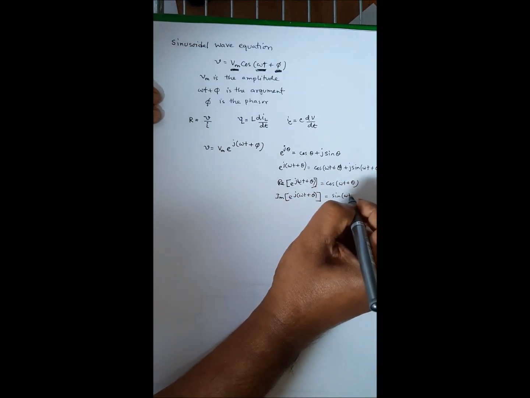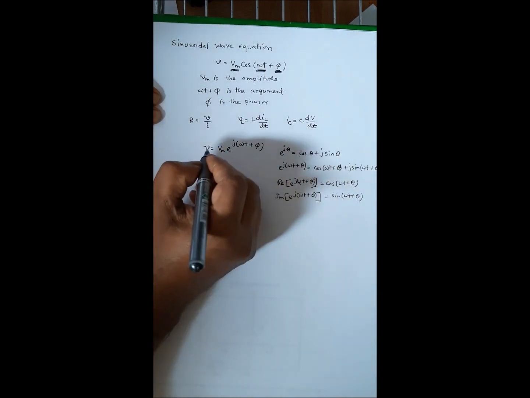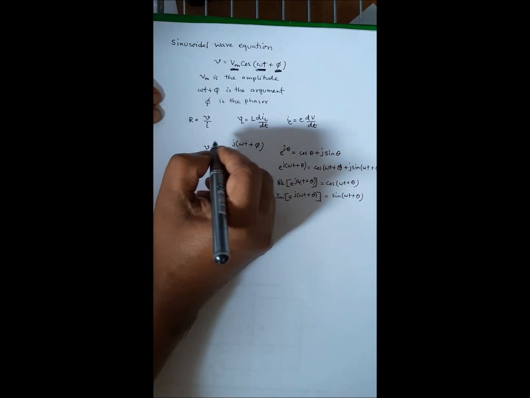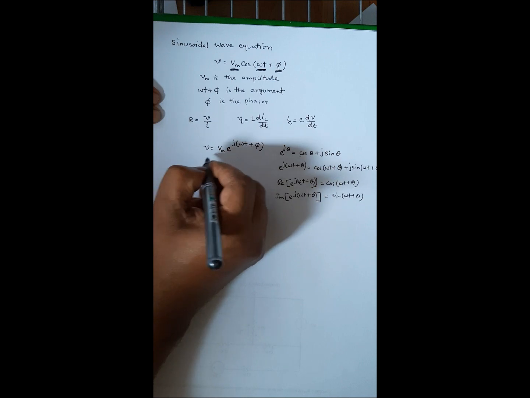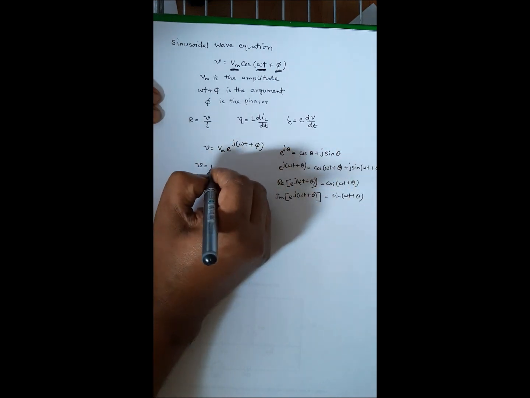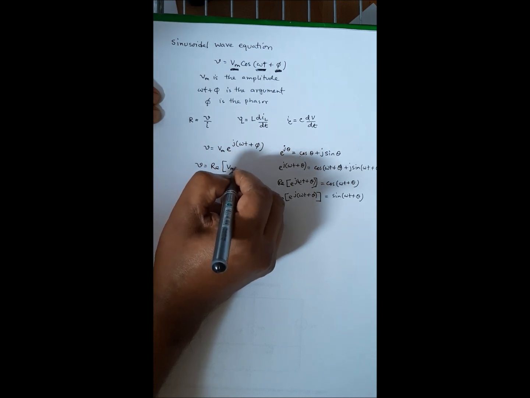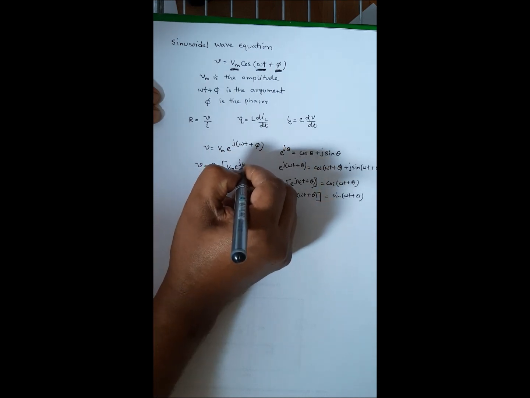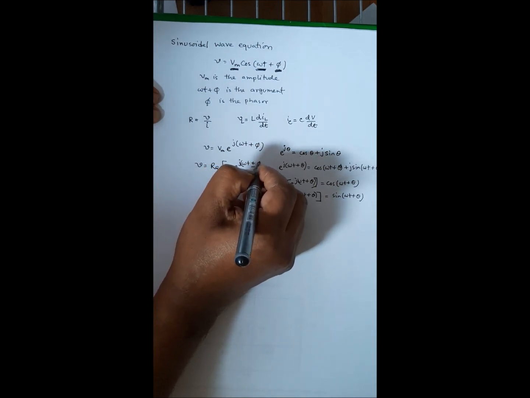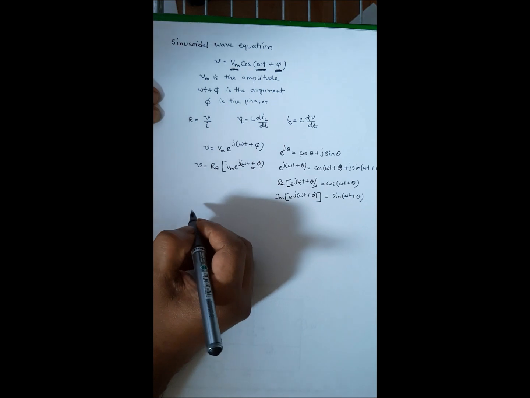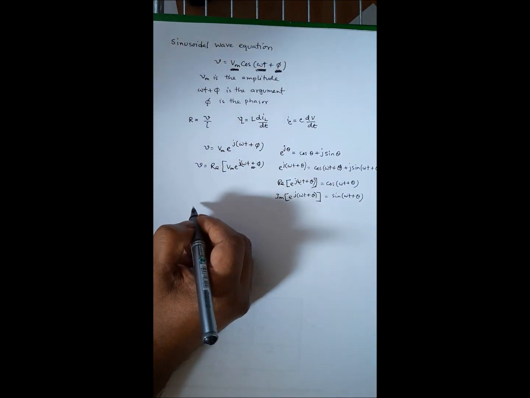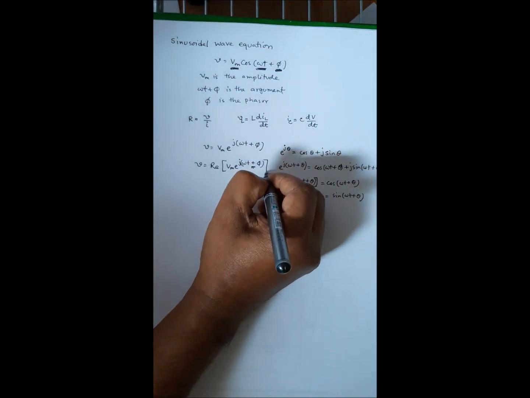So my expression here is complete and includes both sine and cosine. If I take the real part of this, then it will include only the cosine function or cosine wave.